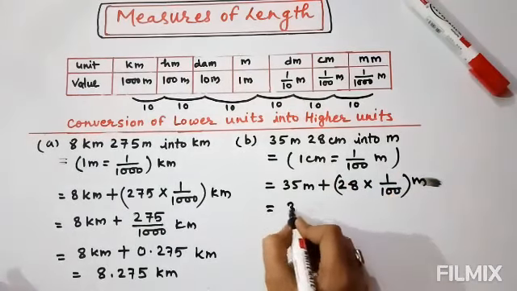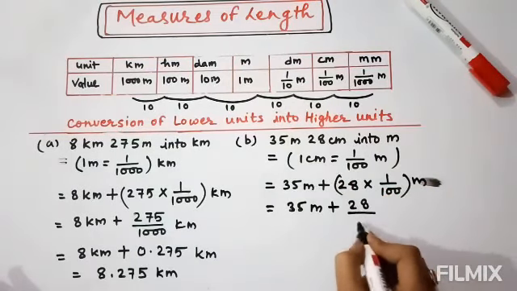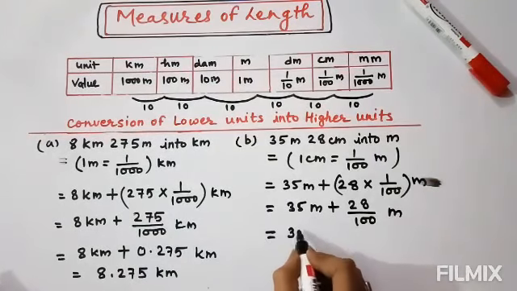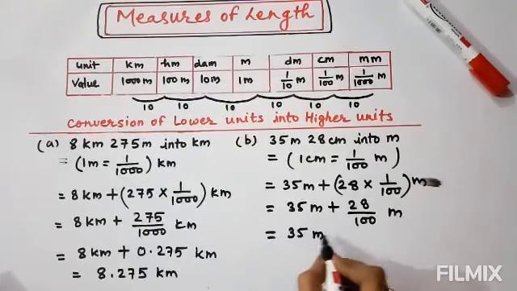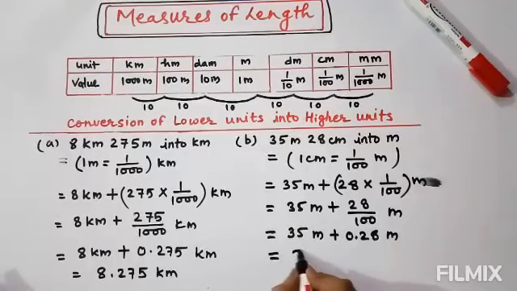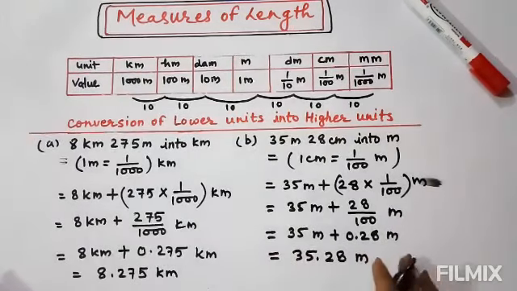So 35 meter plus 28 upon 100 meter, that will change into decimal form when we divide that. So 0.28 meter, and 35.28 meter will be the answer when we add these two numbers.